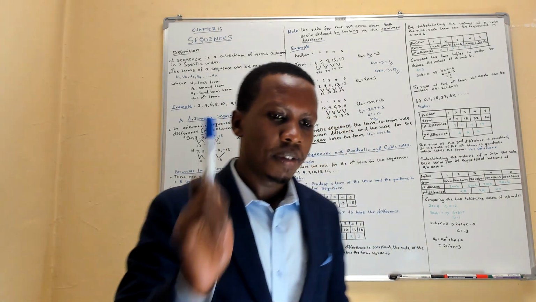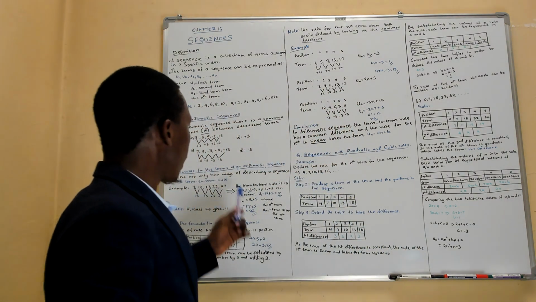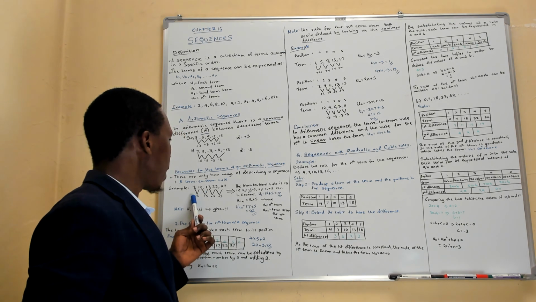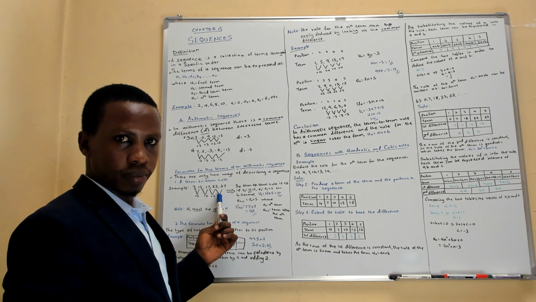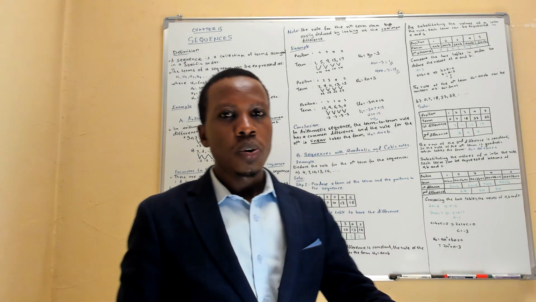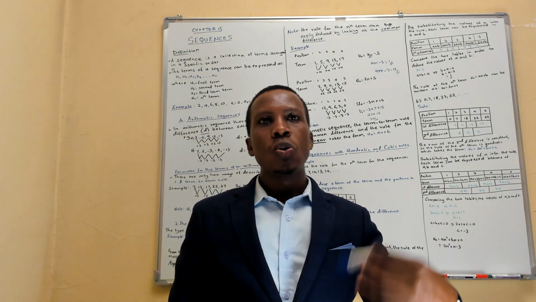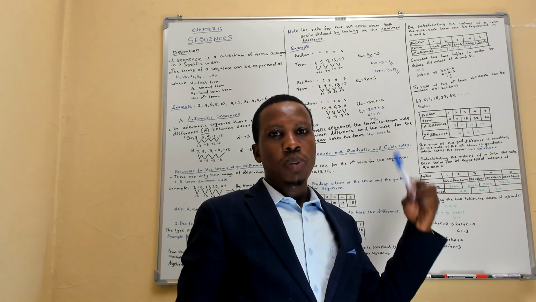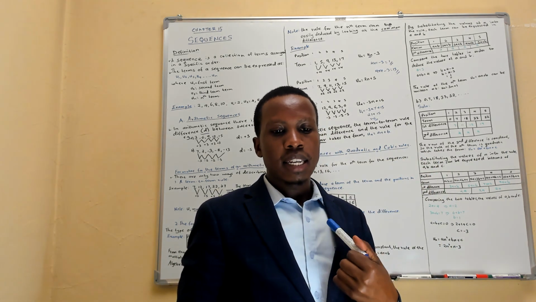So it is different from arithmetic, because there we only had to do a first difference to get a common difference. But for quadratic and cubic, you'll realize that we need to go to the second difference, because we subtract, but we still cannot get the common difference.